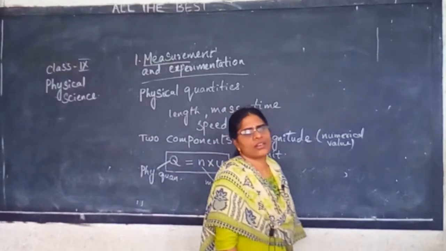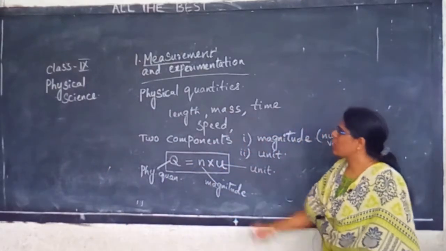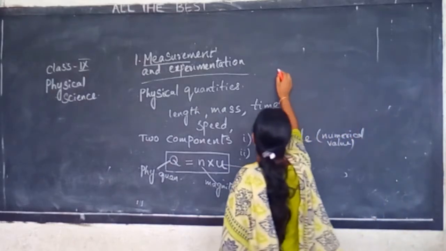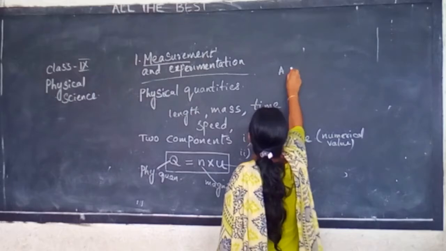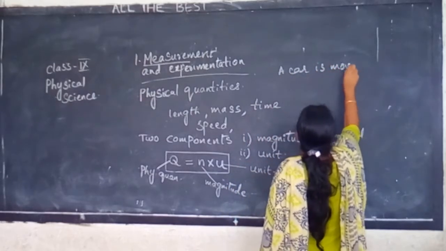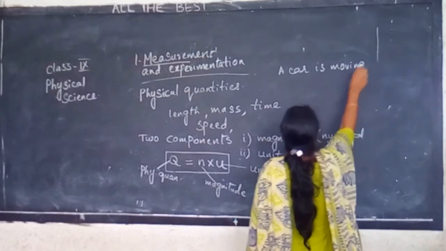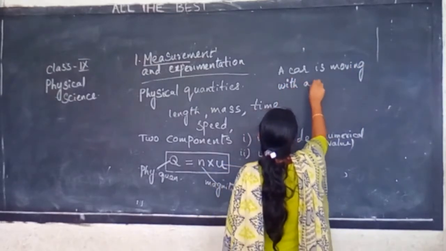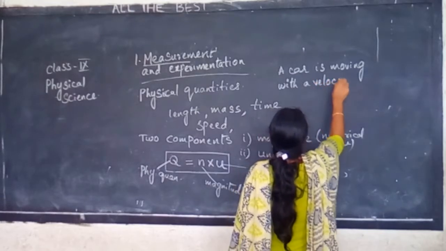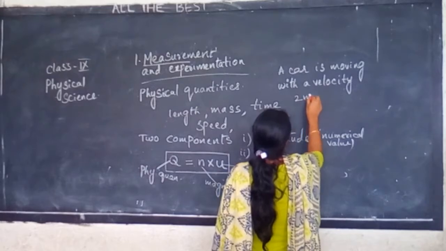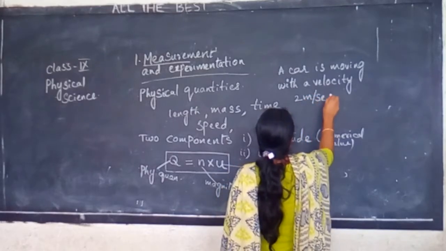Based upon this formula, you might have done some problems in your 8th standard. A car is moving with a velocity of 2 meters per second.